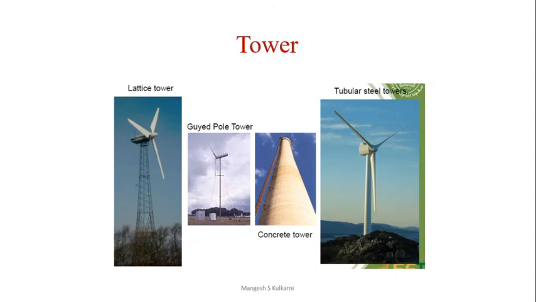Next is the tubular tower. Most large wind turbines are delivered with tubular steel towers, which are manufactured in sections of 20 to 30 meters with flanges at their ends and bolted together on site. The towers are conical in order to increase the strength and save materials at the same time.